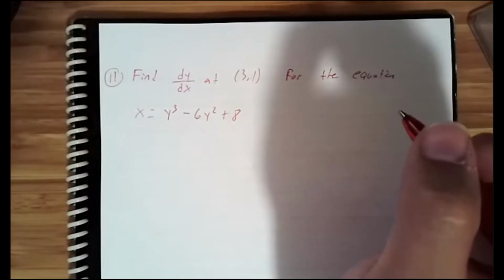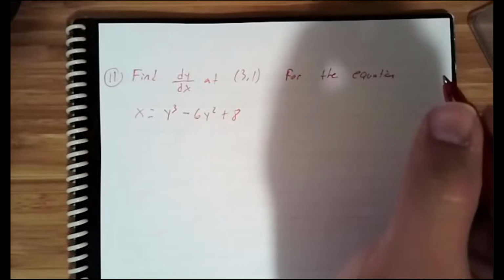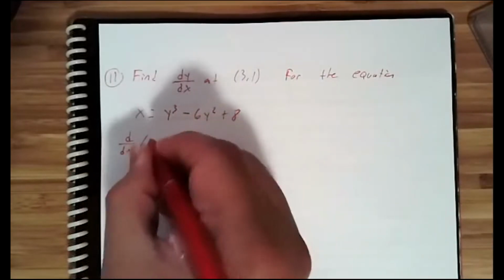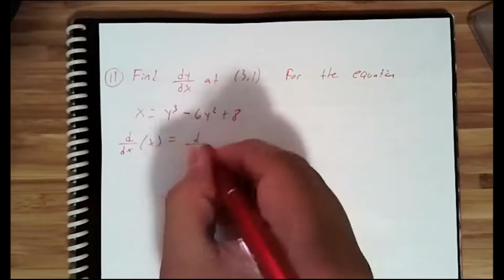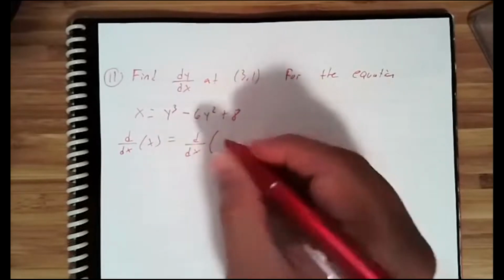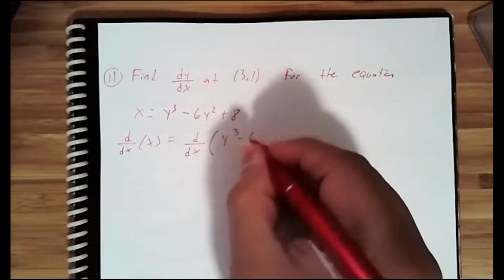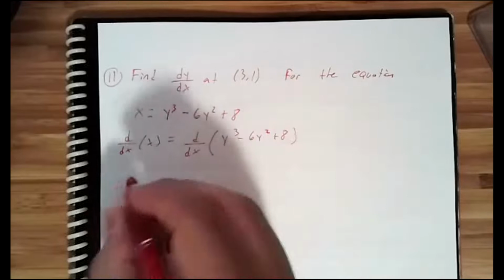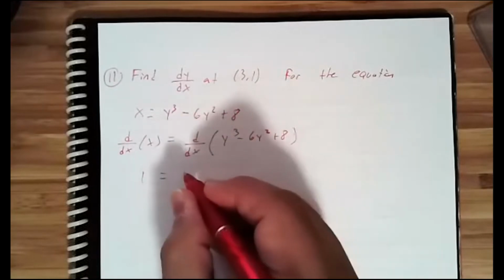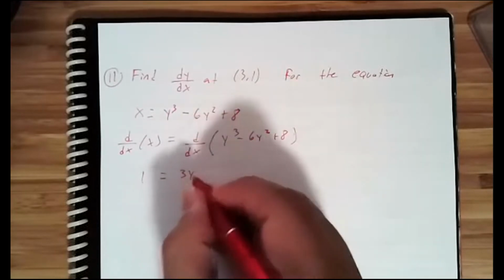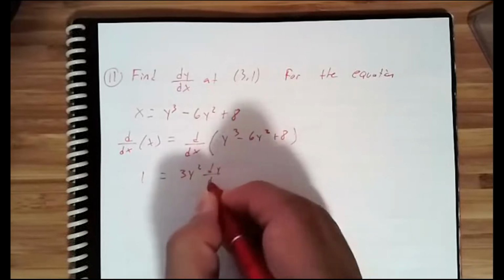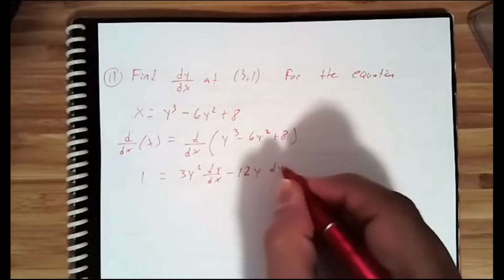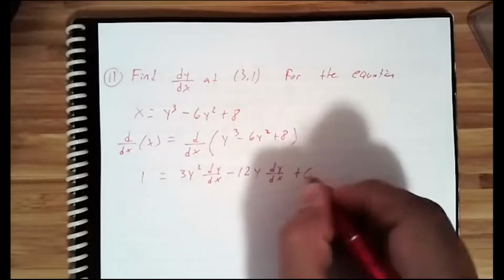Okay. So I guess take the derivative implicitly. So d dx of both sides. So that will be 3y squared dy dx minus 12y dy dx plus 0.